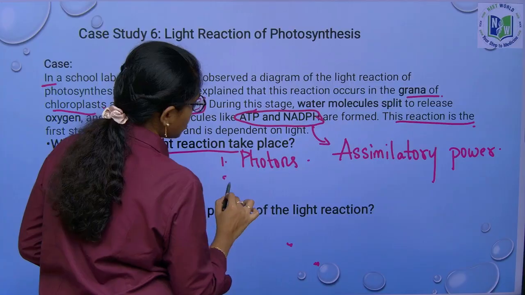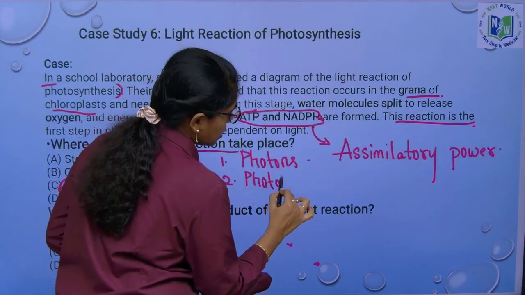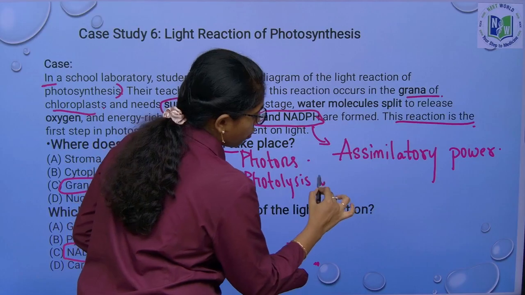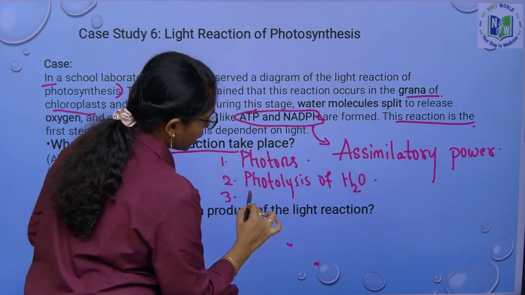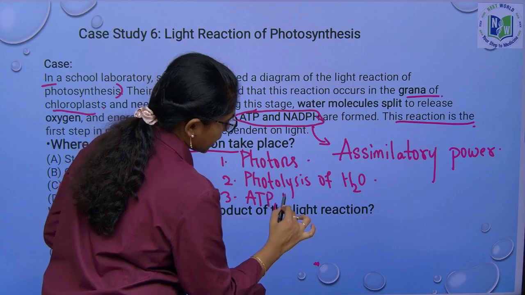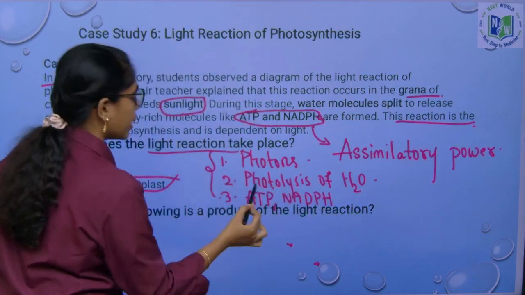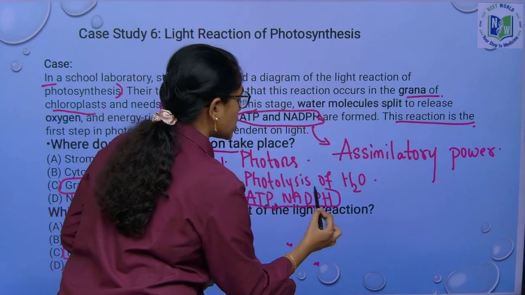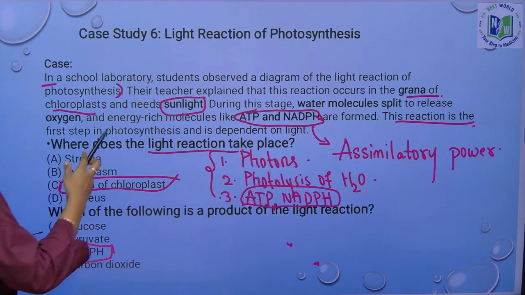Second step is photolysis of water. And third step is formation of assimilatory power, that is ATP and NADPH. So, ATP and NADPH, which is the assimilatory power, is obtained at the end of light reactions.